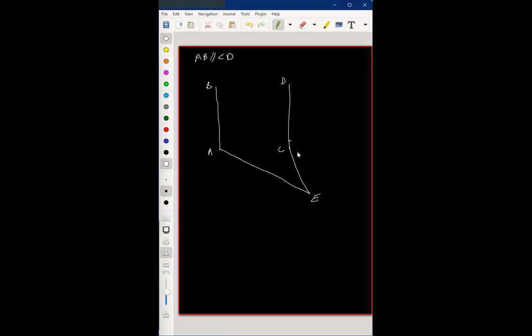This angle here is X degrees. This angle here is 105 degrees. And this angle here is 25 degrees. Find X. We're given that AB is parallel to CD. I want all of you to do this and message, and tomorrow we'll be discussing this first thing.